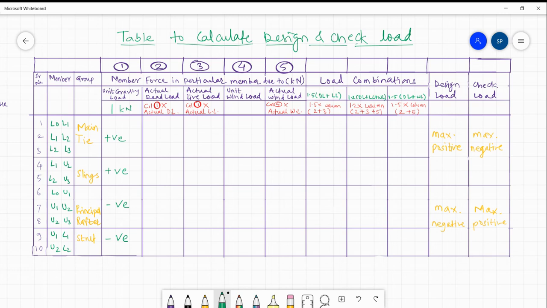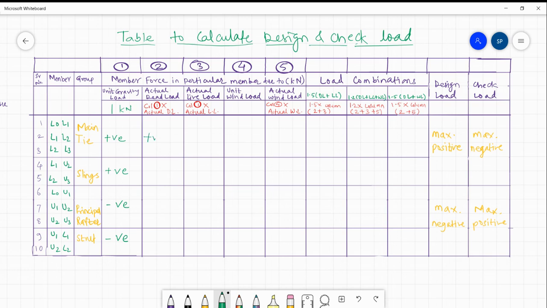Now this second column is for member force due to actual dead load. Actual dead load means what? After doing the calculation, whatever dead load value you get at the interior panel point, that actual dead load will be considered here. So whatever value you get in front of L0, L1 under column 1, that value multiplied by the actual dead load will be entered in this column 2.